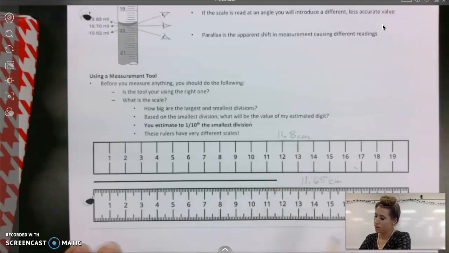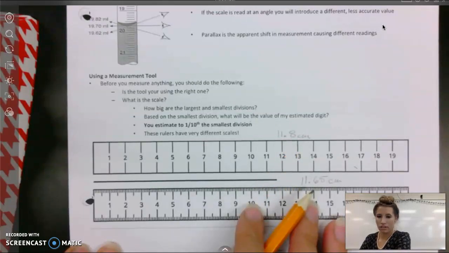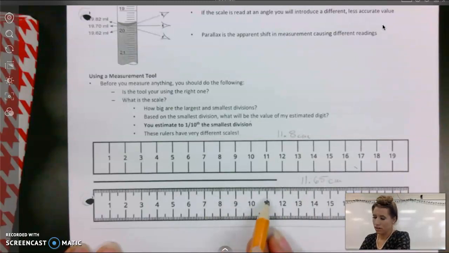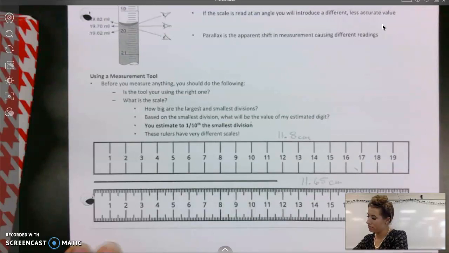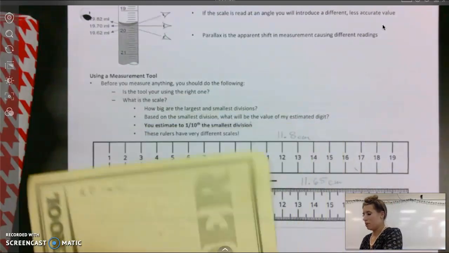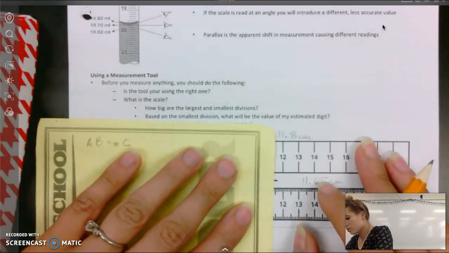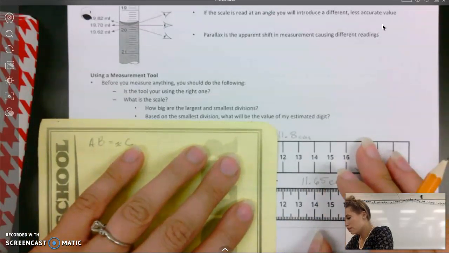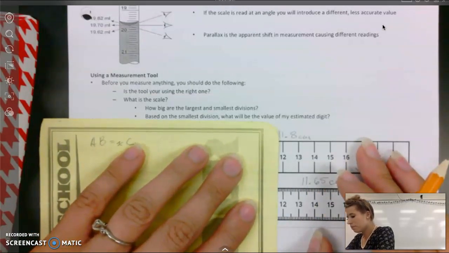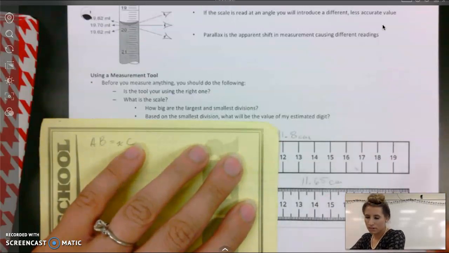Okay? Now here, I am certain I'm past 11. I'm certain I'm past 11.5. Maybe I need a piece of paper to look at my ruler a little closer. So 0.5, 0.6. Oh, but I didn't make it to 0.7.